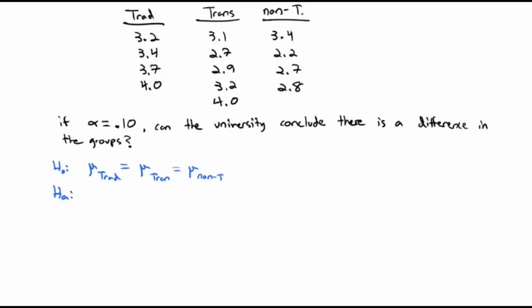The alternate hypothesis is that at least, possibly more, one group has a different GPA. Let's go ahead and run this test on our calculator and see what happens.